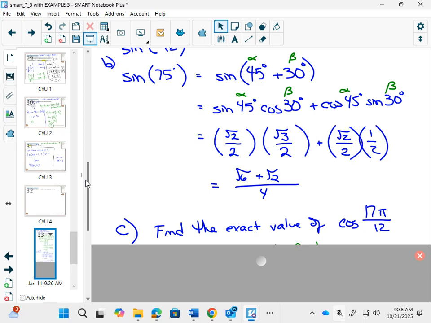So the third question we're going to do is 17 pi over 12. And I'm going to hand out a scrap piece of paper to everyone. And you can take out your pie plate if you want.